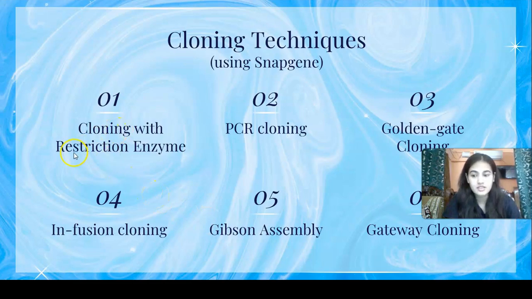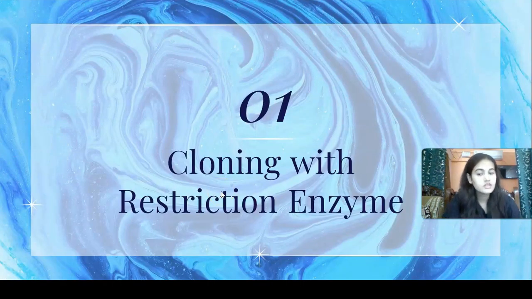Let's say cloning with a restriction enzyme, PCR cloning, Golden Gate cloning, In-Fusion cloning, Gibson assembly, and Gateway cloning. One by one, we are going to study all these cloning techniques, but for this video, we are going to cover the cloning with restriction enzyme.